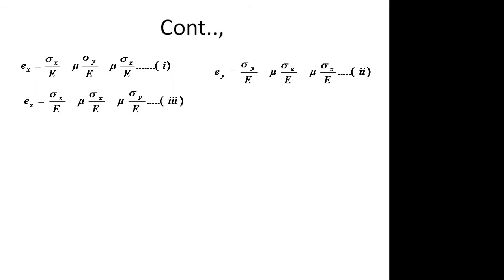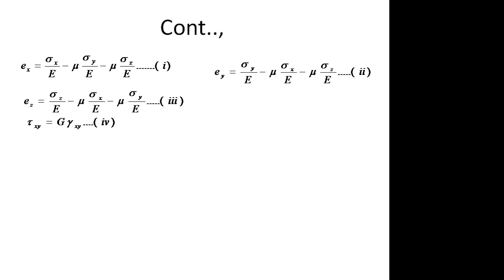So for Ey and Ez, we have the corresponding equations: Ey is sigma y by E minus mu into sigma x by E minus mu into sigma z by E, whereas Ez is equal to sigma z by E minus mu into sigma x by E minus mu into sigma y by E. That is, the linear strain component will be positive and the lateral strain component will be negative.